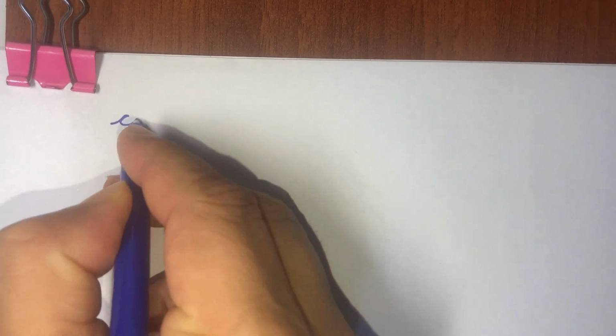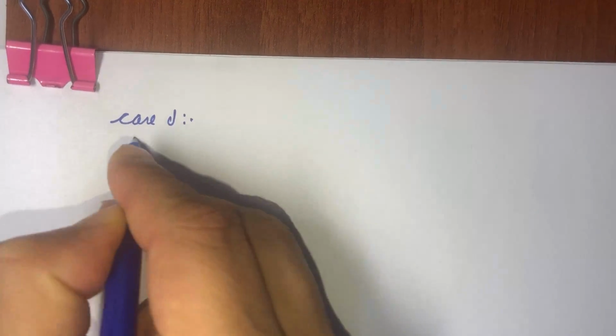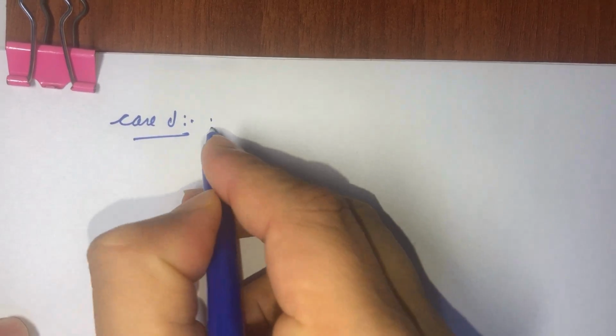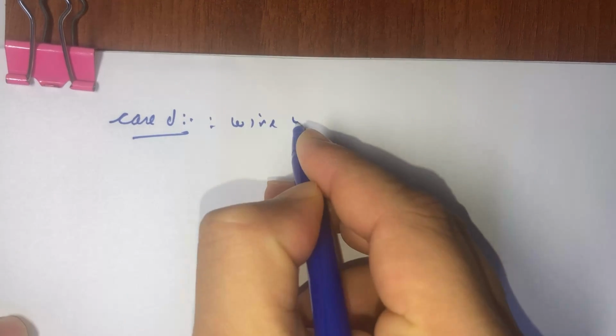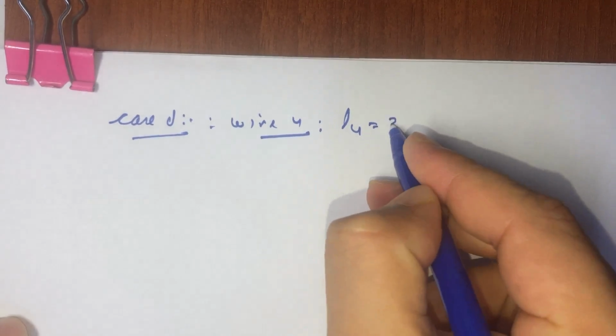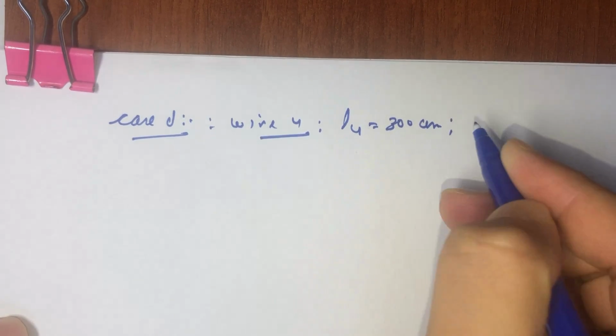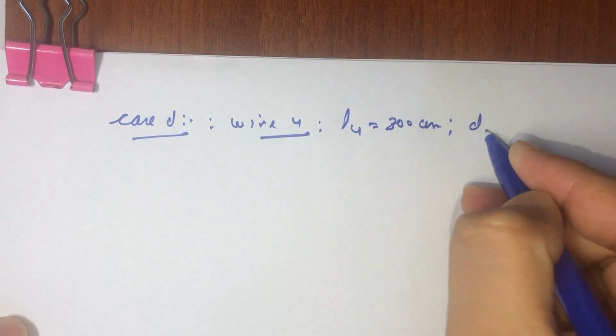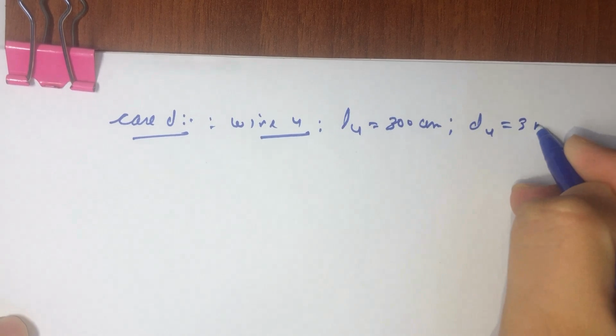Similarly, we take the last one, case D, which means wire 4, and we have L4 as 300 centimeter and diameter D4 is 3 millimeter.